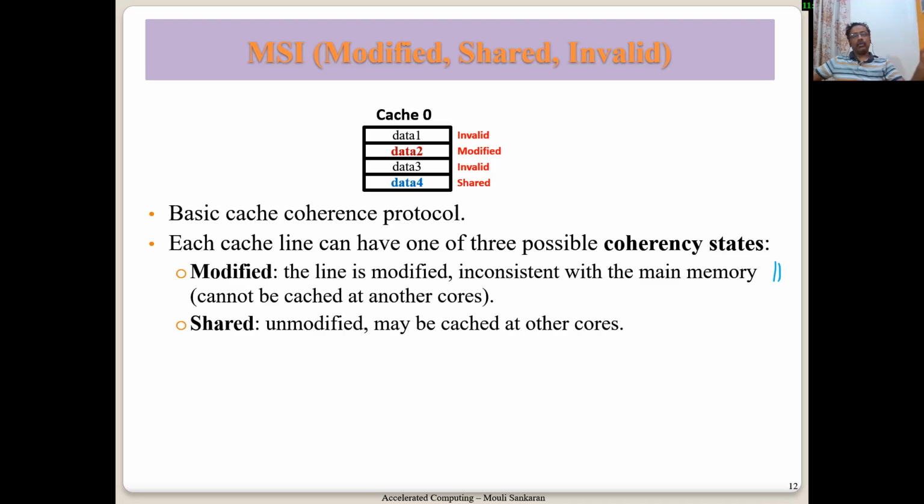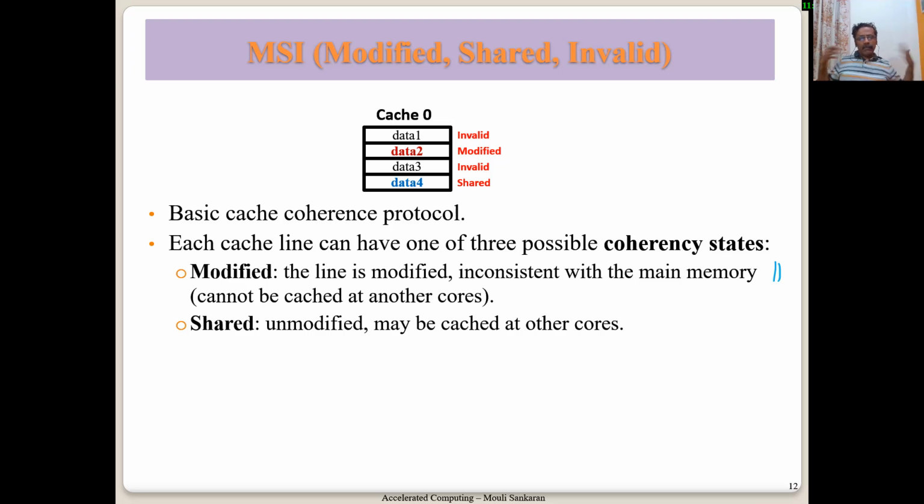It could be in other cores also in shared state. So you may find a particular block in a shared state on a single core or on multiple cores, maybe one or many, but all of them will be in shared state. Nobody is actually modifying it, and it is also in sync with the main memory content.